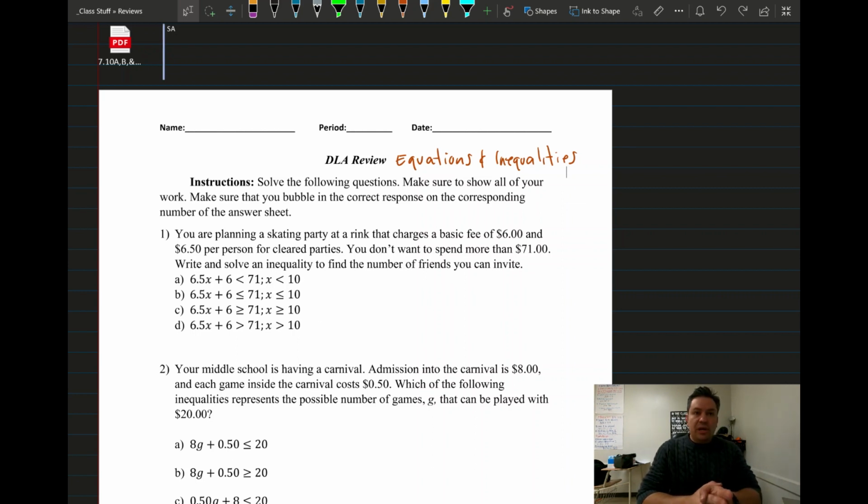If you get a subscription to a membership of something, the initial fee is going to be the number by itself. And then you're going to come with the sign, either the equal sign for an equation or an inequality sign for an inequality, greater than, less than, greater than or equal, less than or equal, and then you're going to have the total.